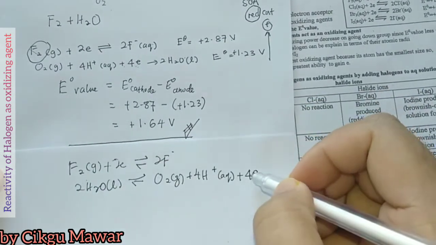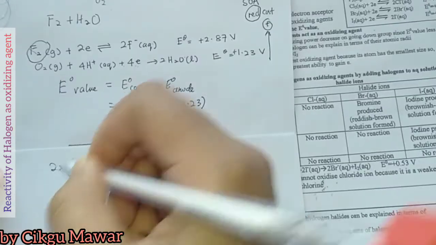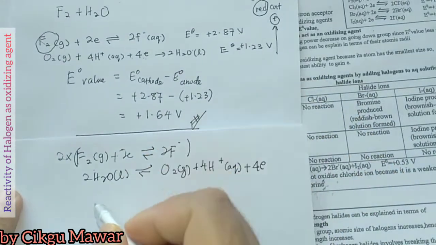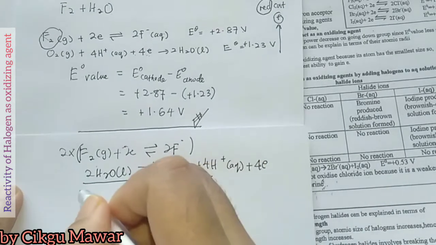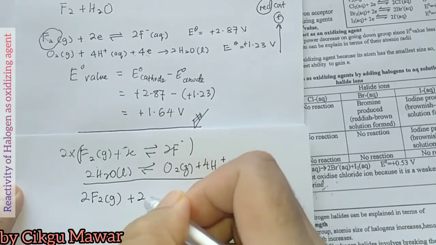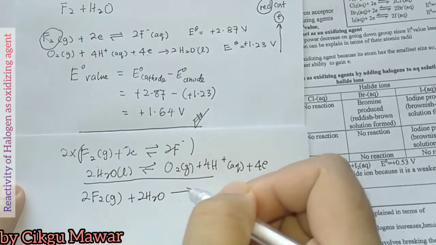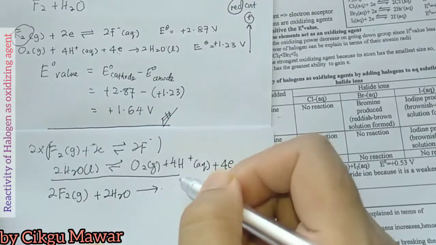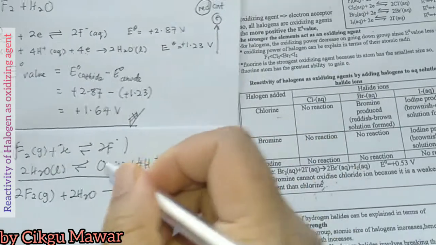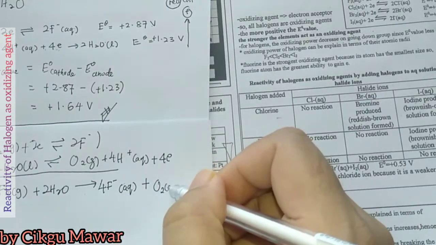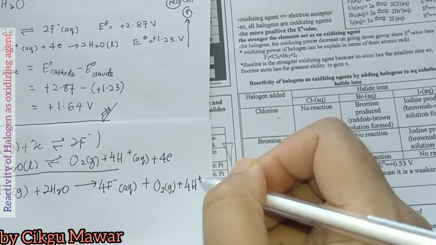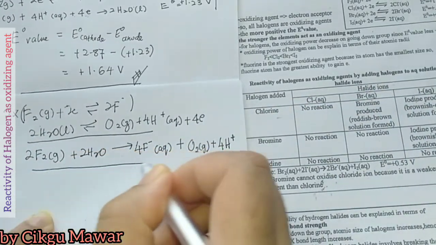Then we balance the electrons, meaning that we times the fluorine half-equation by 2. The final one is 2F2 gas plus 2H2O to form 4 fluoride ions plus oxygen gas plus 4H plus. So this is the overall equation.